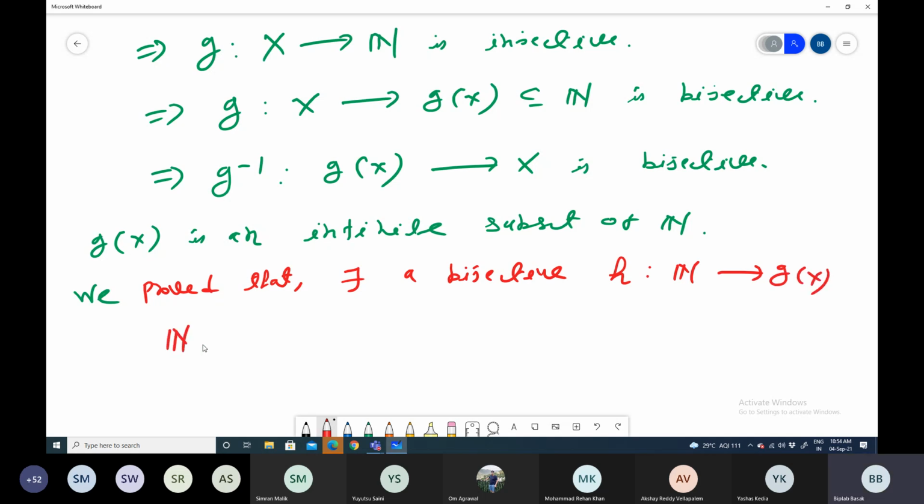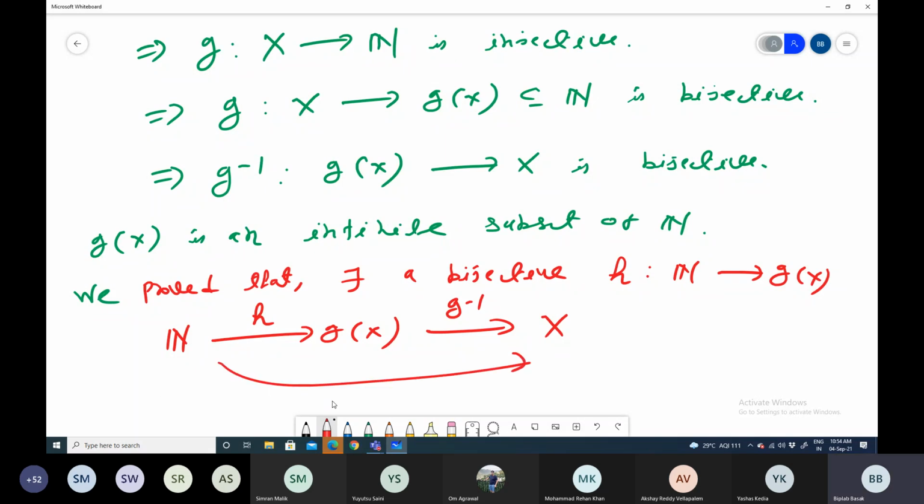So therefore from N to g(X) you have a bijective h, and from g(X) to X you have g inverse. So that implies g inverse composed with h from N to X is bijective. So we are done.